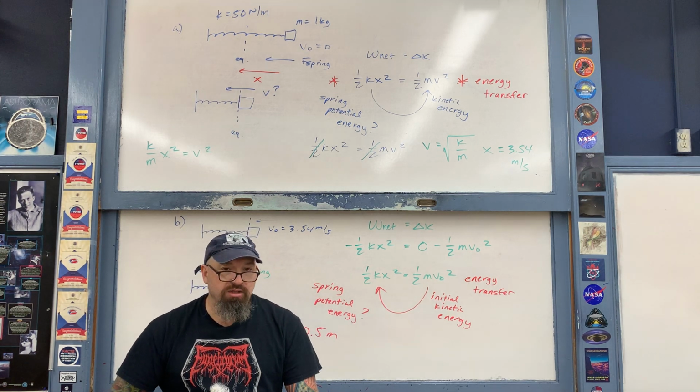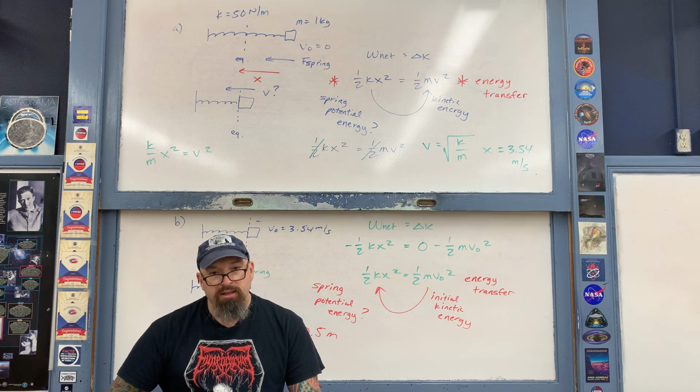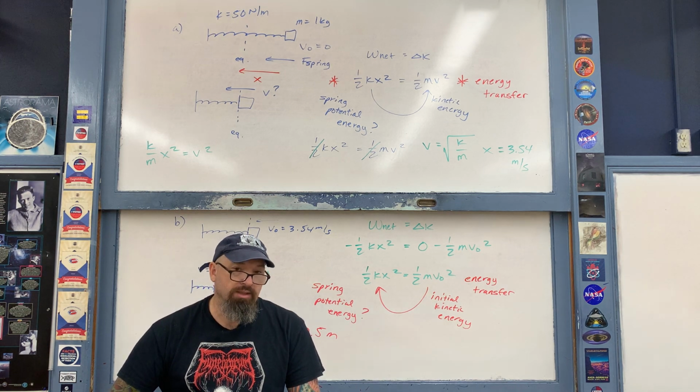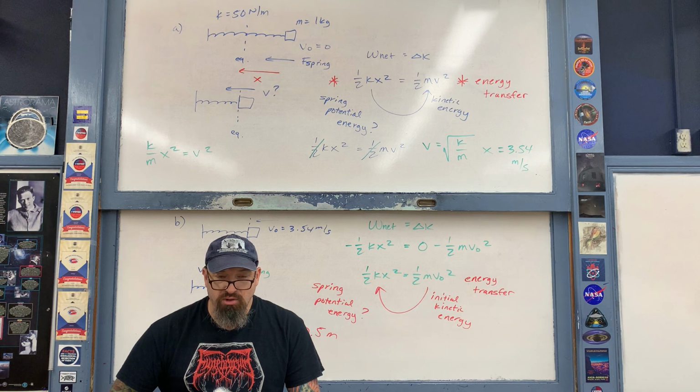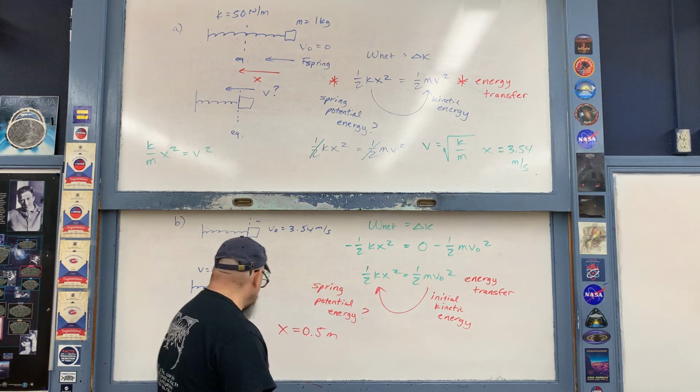The object will execute an extremely important type of motion that is called simple harmonic motion. The object itself is what is called a simple harmonic oscillator. Let me write that out for you here.